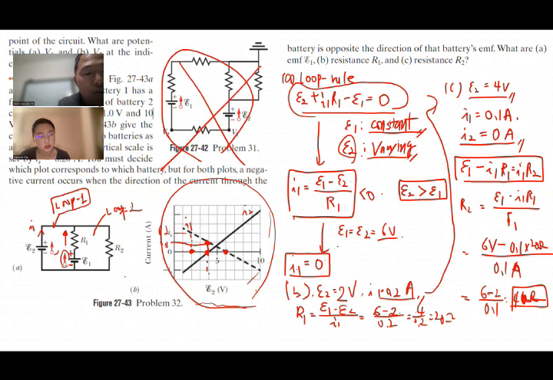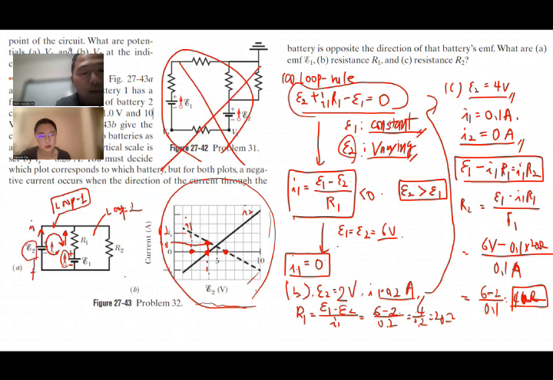But I choose the loop of my loop rule to be clockwise. E2 also produces current upward. With that, E2 is the same direction as the loop, so E2 comes with a plus sign.